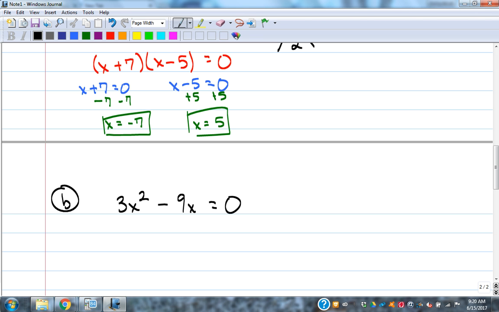So that's not a problem. Is it in descending order? Yeah, we got x squared and then a plain x. Is it equal to 0? Yeah. So it's ready to factor then.